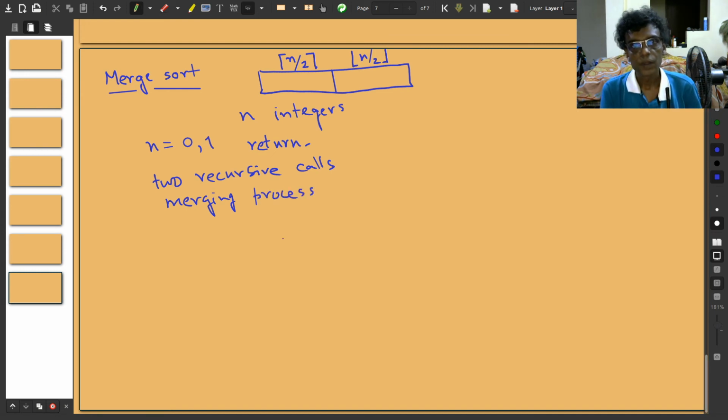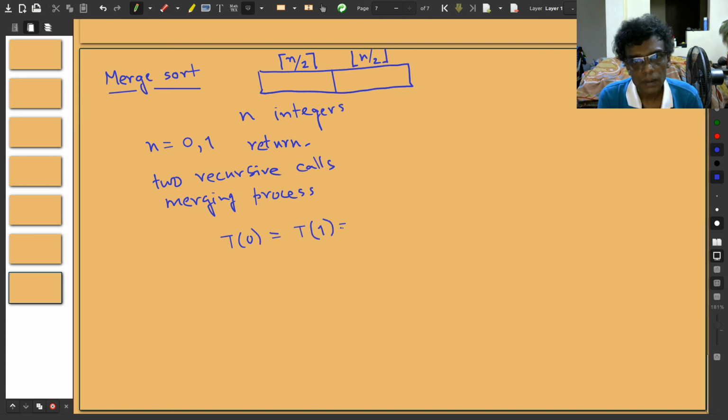Okay. So I want to investigate what is the running time on an array of size n. Since if n is 0 or 1, there is nothing to be done, we can always assume maybe something like T0 equal to T1 equal to 1. The function is called and simply returned, so this takes just 1 unit of time.